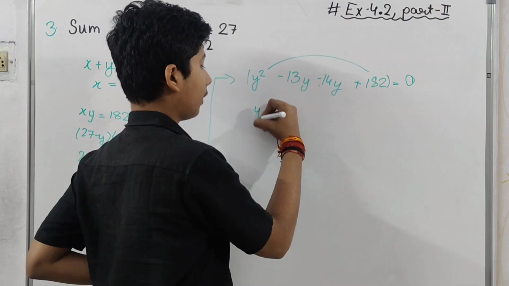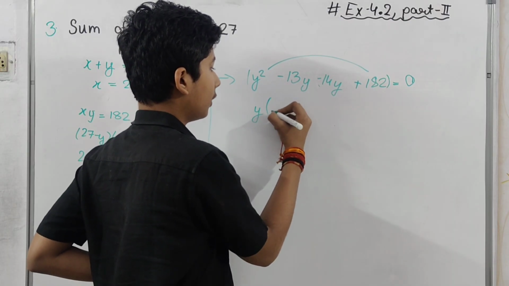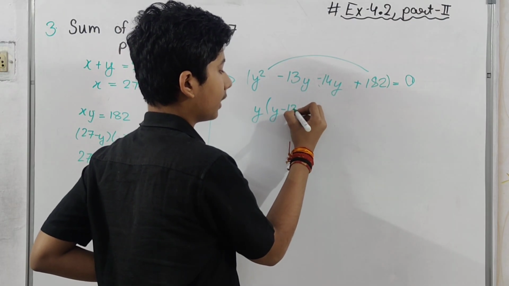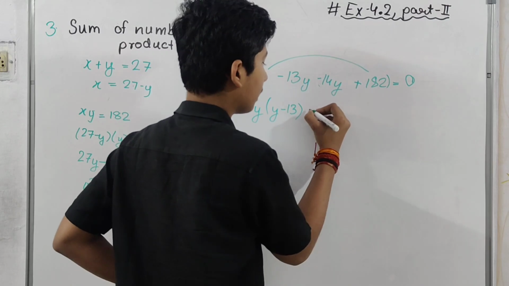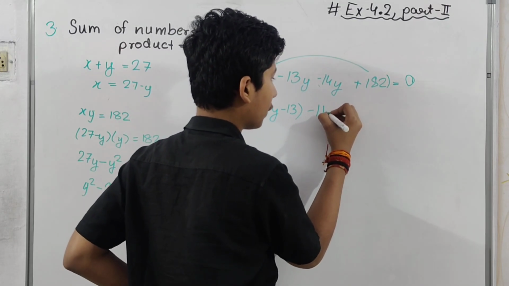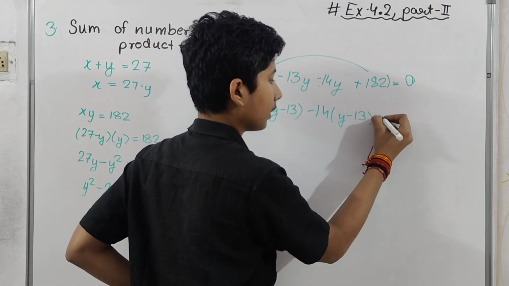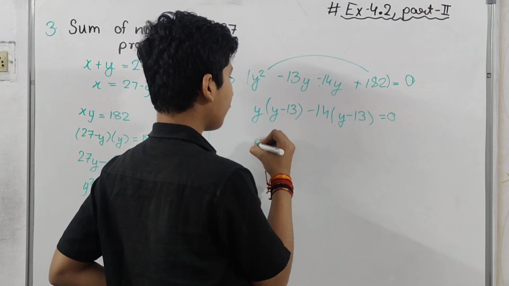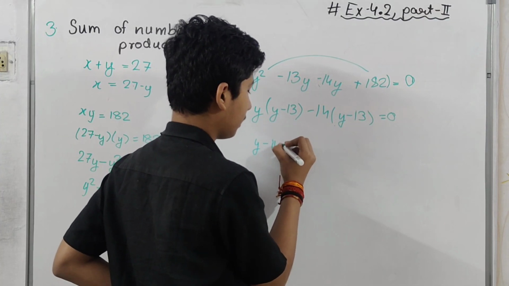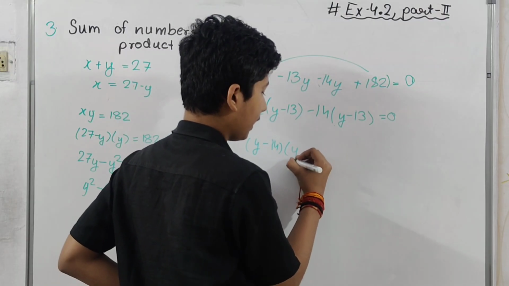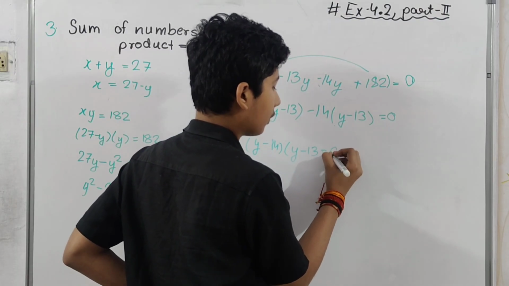So from here we take y common, so it becomes y minus 13, and from here we take minus 14 common, again it becomes y minus 13 equal to 0. So we see it as y minus 14 and y minus 13 equal to 0.